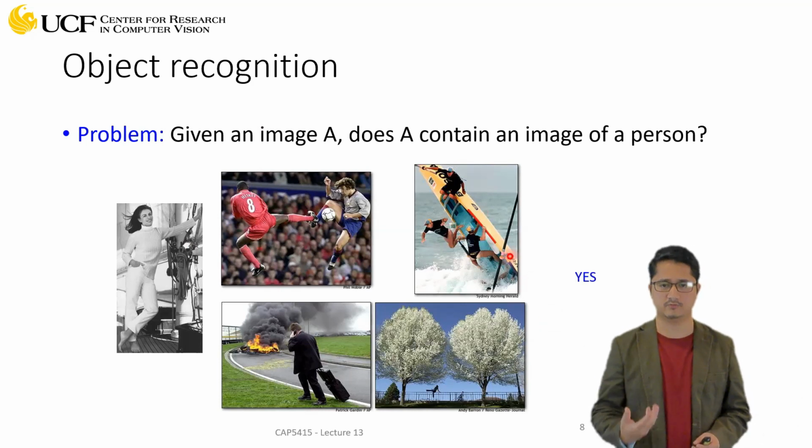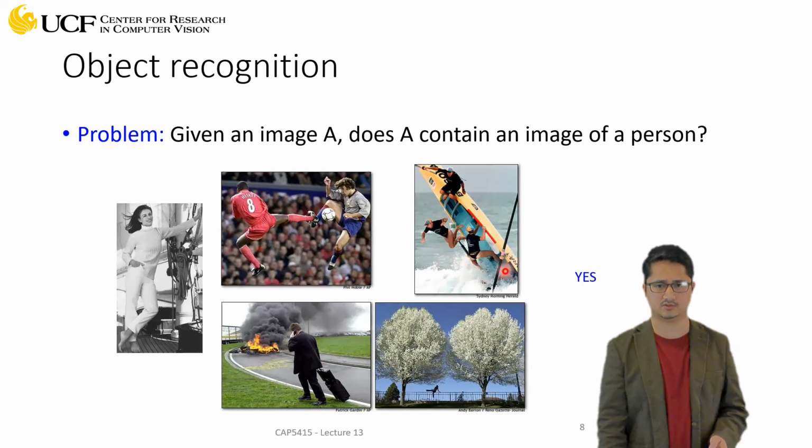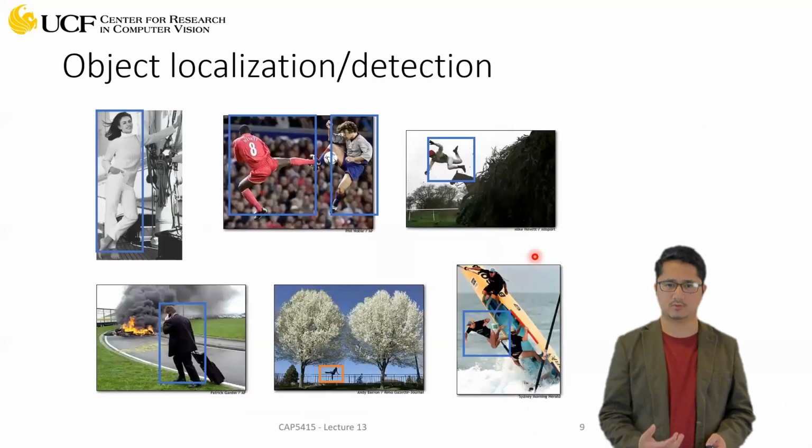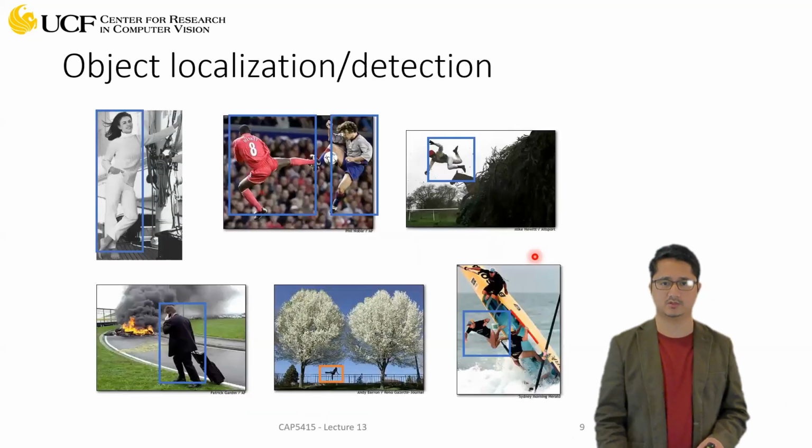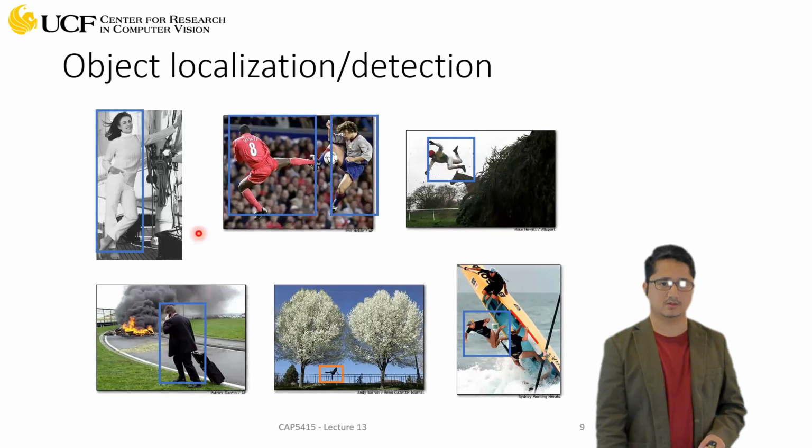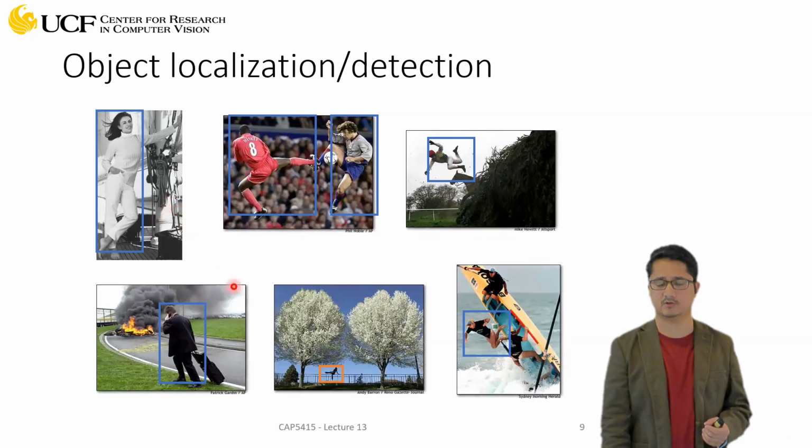We have seen a lot of variations of this problem throughout this course. Now, as we move from classification to detection, the only change is that given an image, you will still say whether that object is present or not, and you need one more prediction which you can use to draw this kind of bounding box on this image.